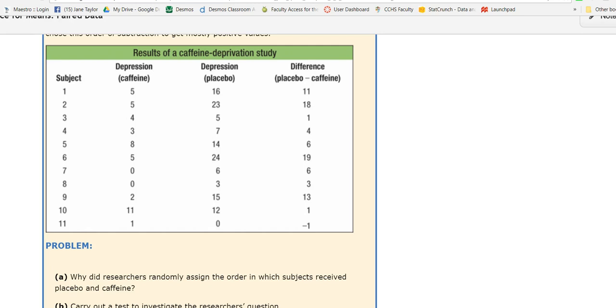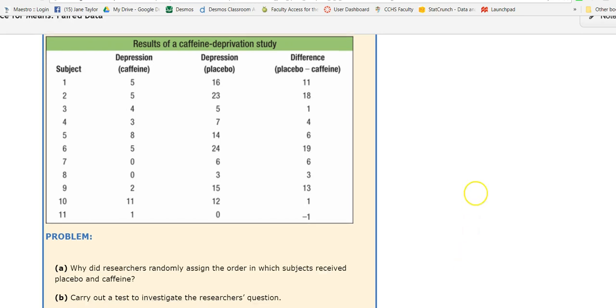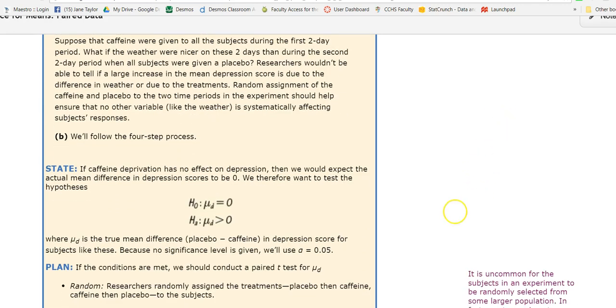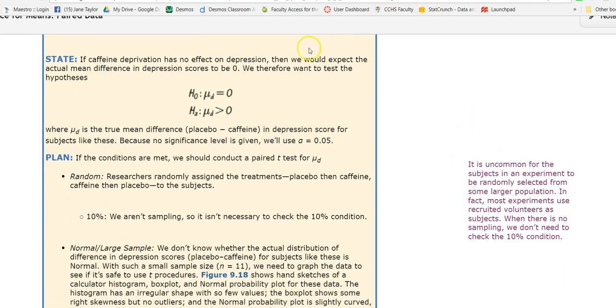In other words, they're having a higher rate of depression with a placebo than they are with the caffeine. So we're actually looking at the mean of the differences being 0, or the mean of the differences being greater than 0 as our alternative that we're trying to find evidence for.